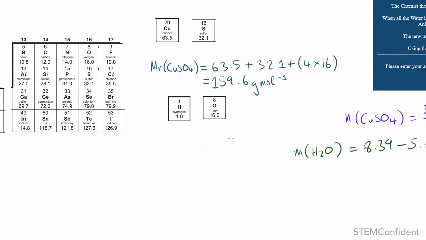So if we refer back to the periodic table again, the molar mass of H2O is going to be, for hydrogen, 1 times 2, because it's H2, plus the relative atomic mass for the oxygen, which is 16. And that's going to give you 18 grams per mole.